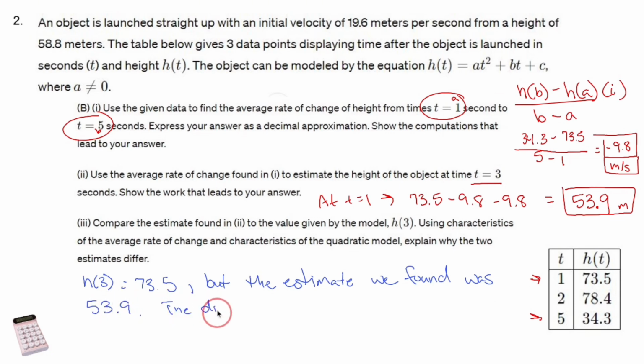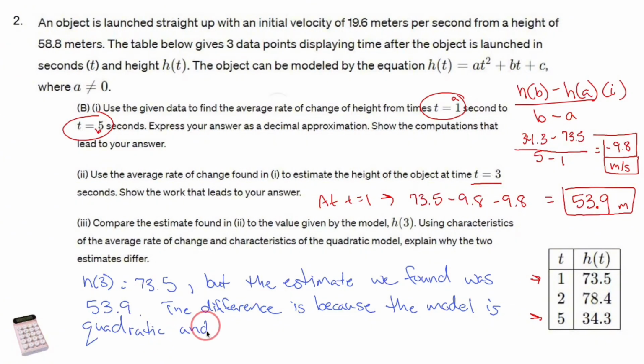The difference is because the model is quadratic and since I'm running out of room, I'm going to say average rate of change doesn't factor that. It doesn't realize that. It just thinks it's a negative slope because you're just using 2 points. All right, so that's the difference between the two.